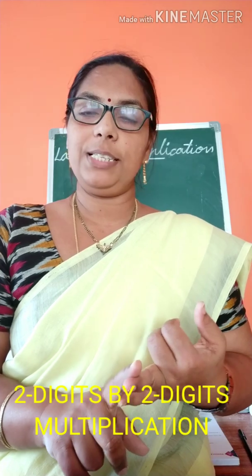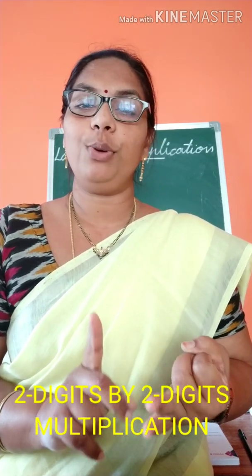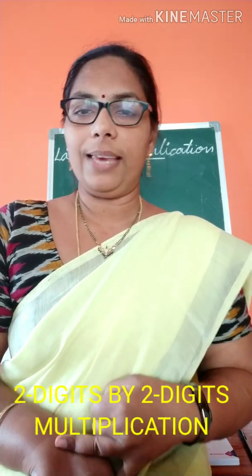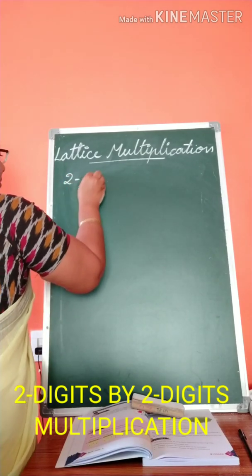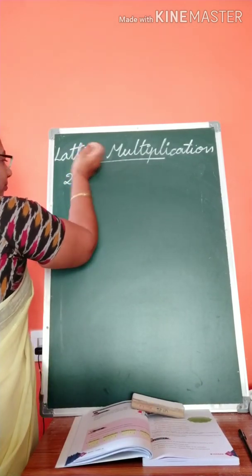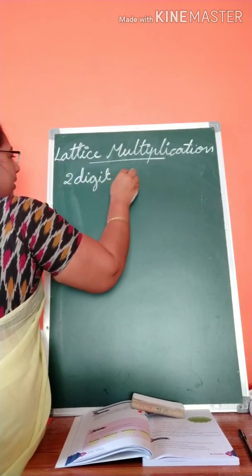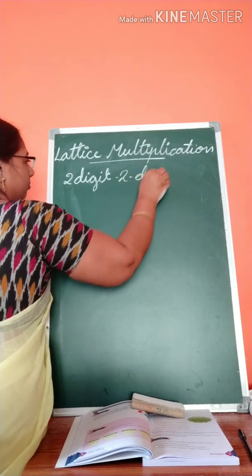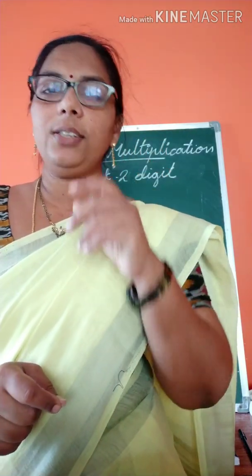First we can see 2 digit by 2 digit multiplication in lattice. In the lattice method, first we learn how to do a 2 by 2 multiplication.